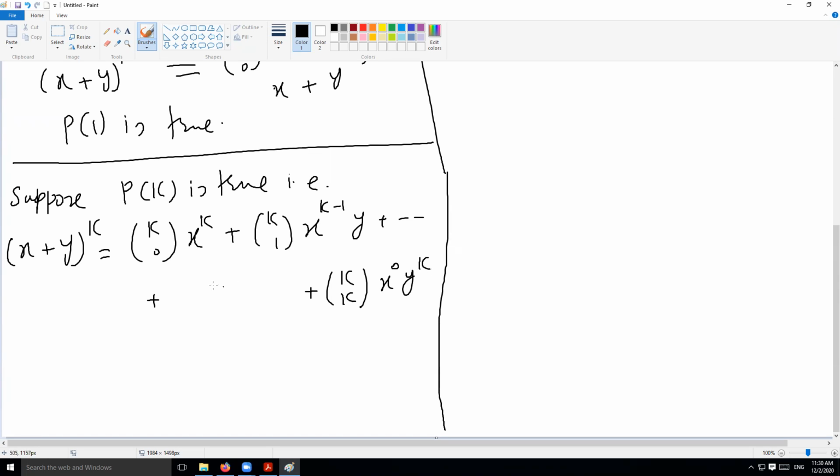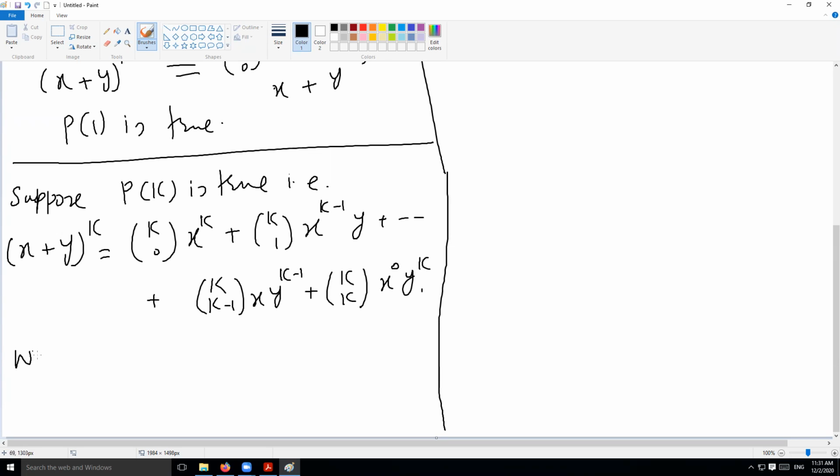And for the sake of simplicity, the previous term is k choose k minus 1, with x power 1 and y power k minus 1. Agreed? That's P of k.